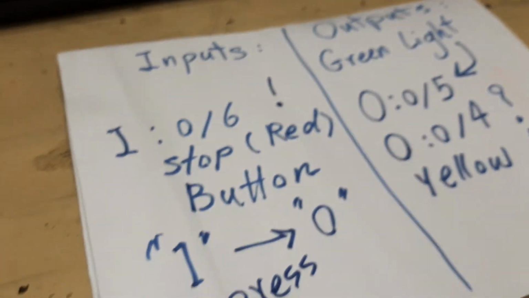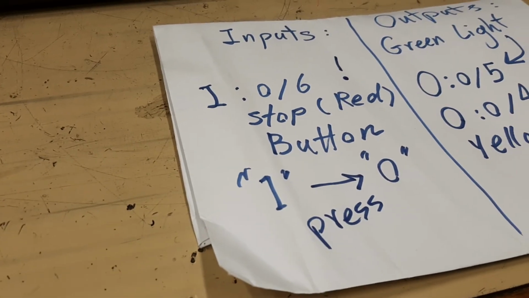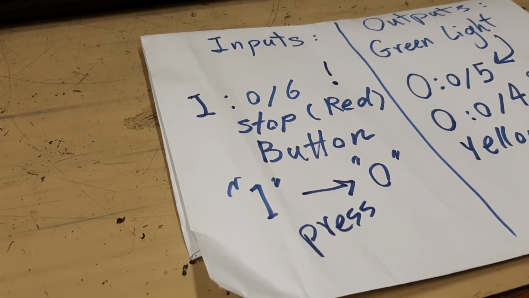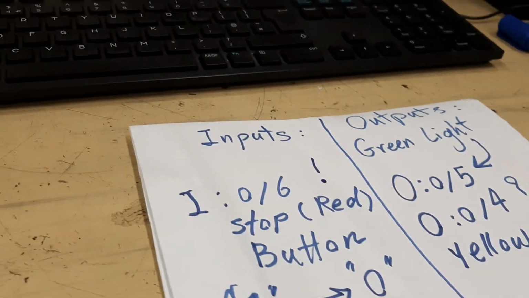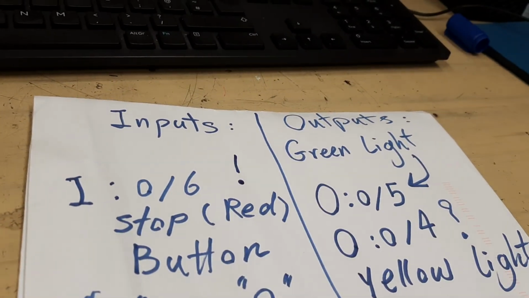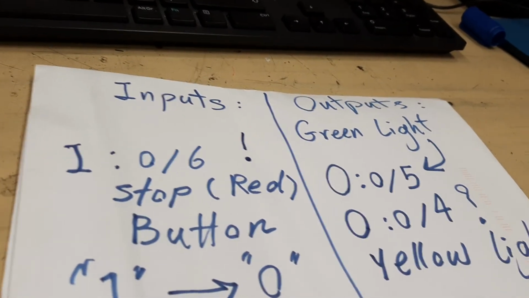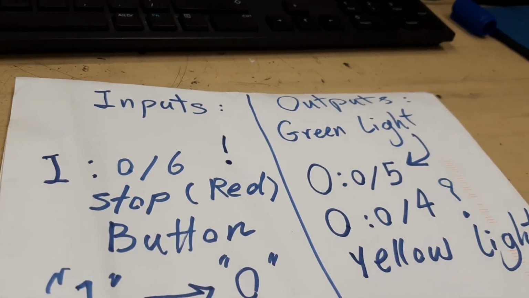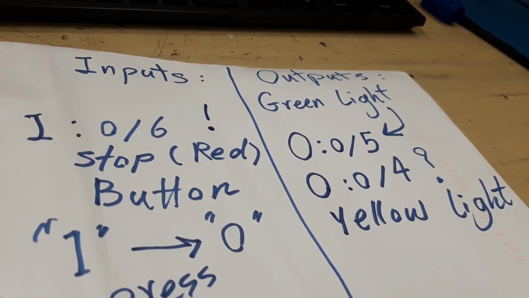When you press the red button, it changes from 1 to 0. You're going to learn that. Now, what I want you to do is to complete the table for all the inputs and outputs. I'm going to show you what I mean by a complete table in the next video.